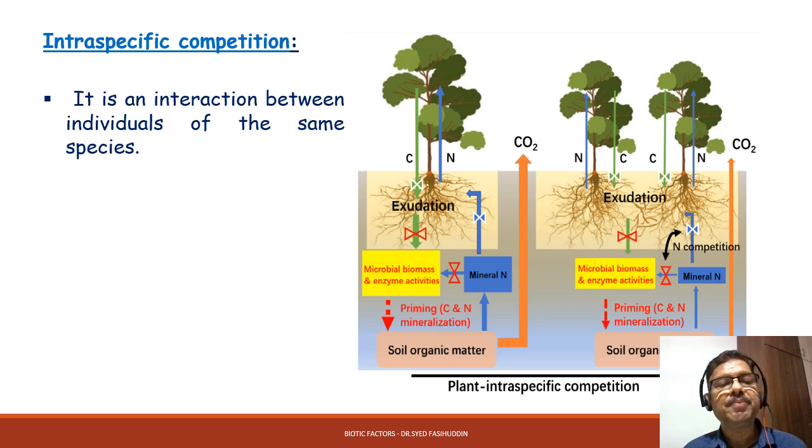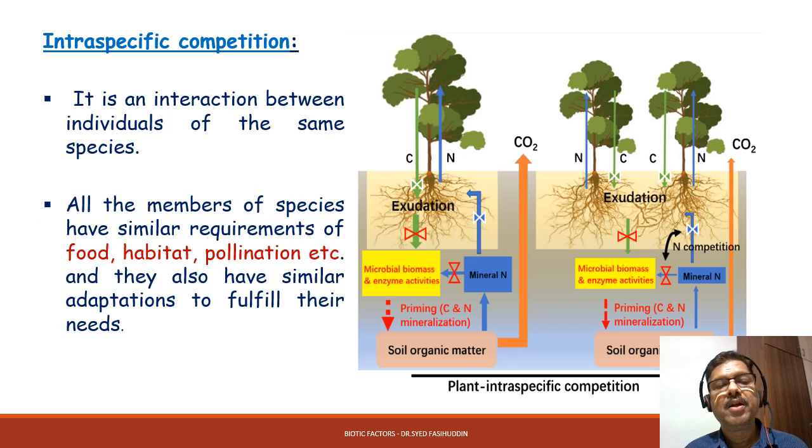Intraspecific competition is an interaction between individuals of the same species. This competition is very severe because all the members of the species have similar requirements of food, habitat, pollination, etc. And they also have similar adaptations to fulfill their needs.